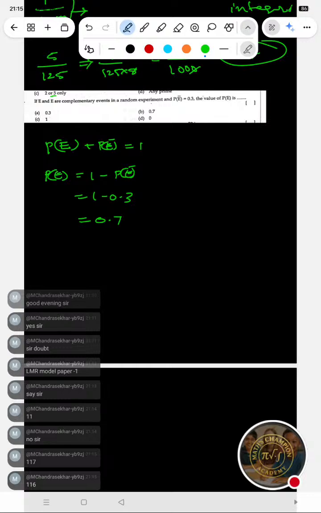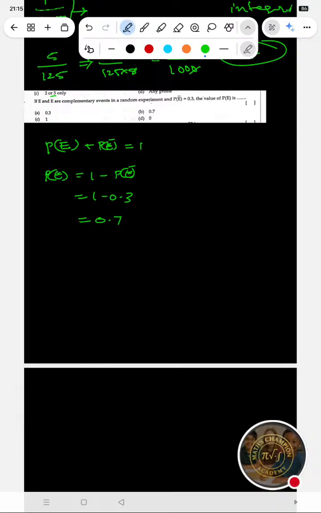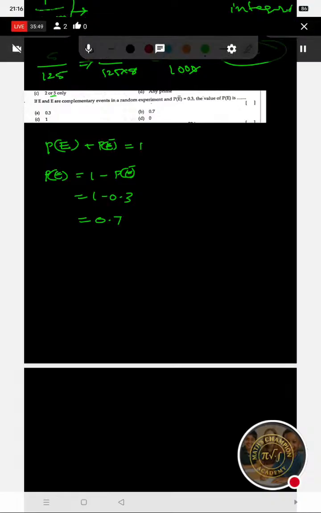Okay, model paper, this 11th one: find the dimensions of a rectangle whose perimeter is 36 and whose area is 65 centimeter square. That only.